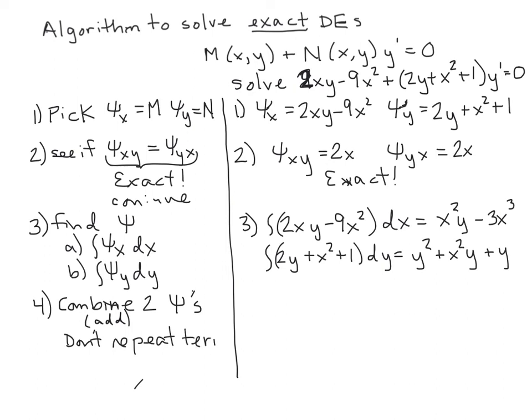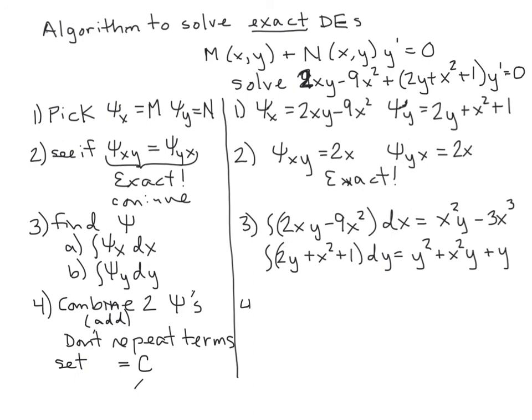So if you look over to the right here, we've got this x squared y and this x squared y. Those are repeating. We're not going to get two of those when we add this together. And then lastly, what we want to do is bring back in that constant from integration. And there's actually another reason this constant appears that we will talk about in class. But the last thing is to set that psi that we get equal to a constant.